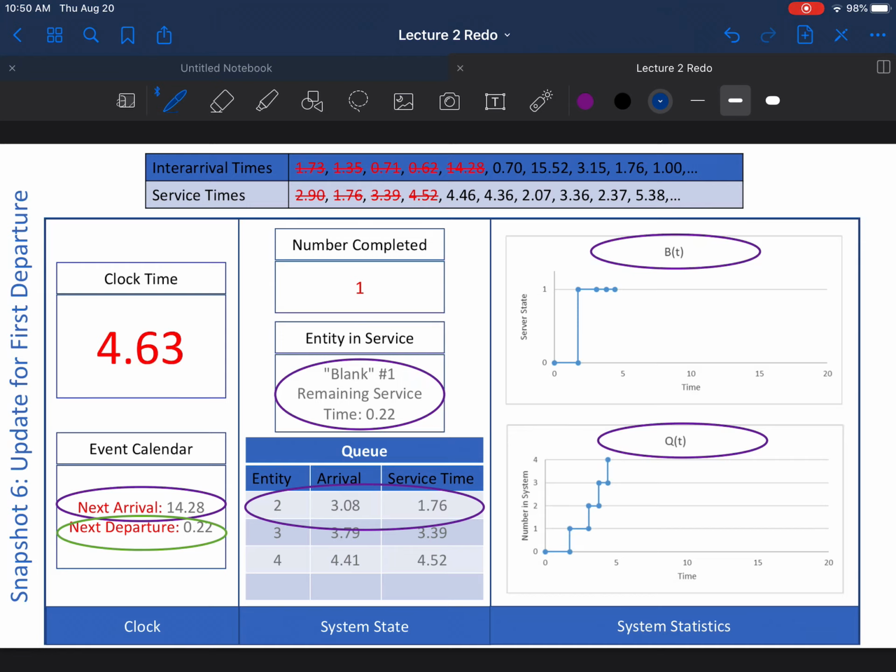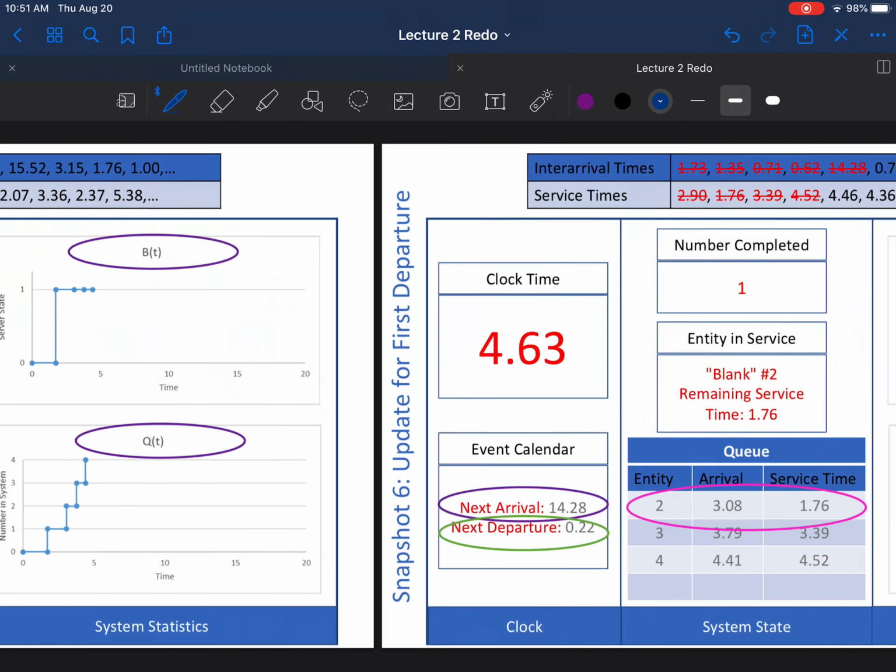We have our entity in service. Well, now blank number 1 is no longer in service. We finally get to put blank number 2 into service, and its service time has to be updated to this 1.76. Happy days.